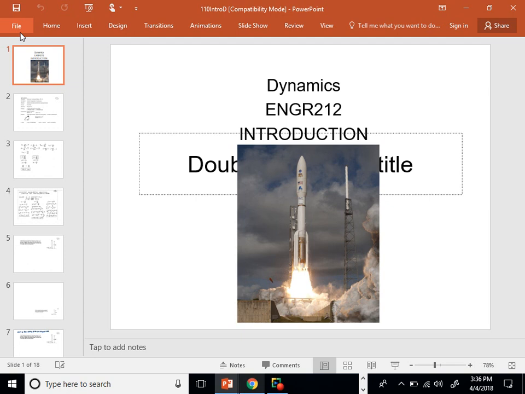You should get a copy of the notes from the bookstore too. You can order them and have them shipped if need be if you're from out of the area, but you should get some copies of these. You really do need them for the class. Now, if you don't have them yet, just go to the downloads in Moodle, and there's some copies that you can use there that'll keep you going here for a few days.